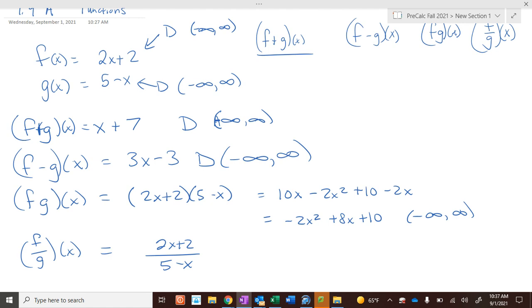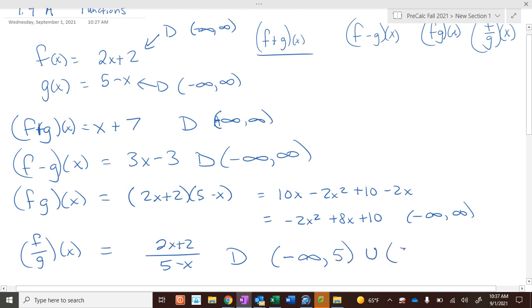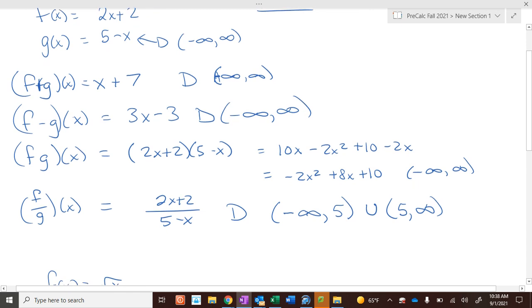Positive 5. Because if you put a 5 in here, you get a denominator of 0. So the domain for this one is going to be negative infinity to 5 in union with 5 to infinity. That is how it's written.